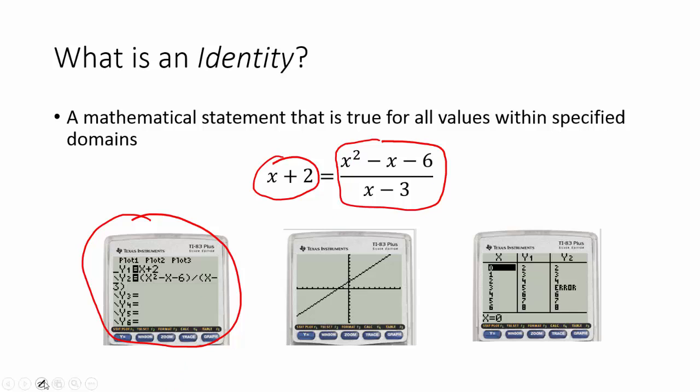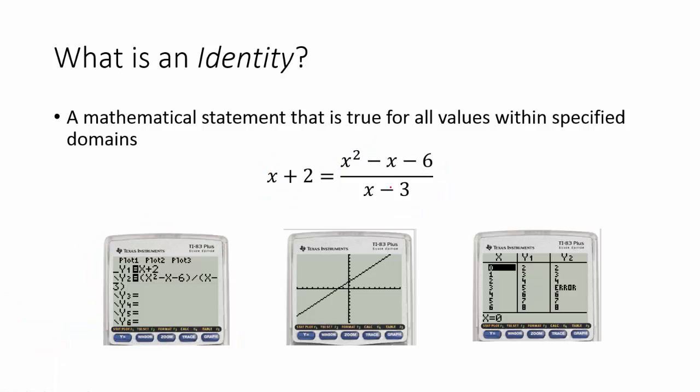I've got some calculator screenshots here to assist us in thinking about each side of this statement as a function. Then we can verify that these two mathematical objects really are the same for the most part. They're both producing a graph that looks like a line.